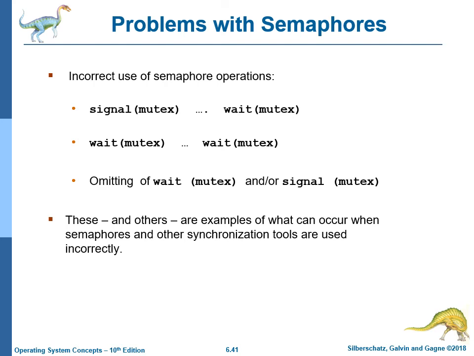Since the kernel data are typically protected with a lock, the higher priority process will have to wait for the lower priority process to finish with the resources. This situation becomes more complicated if the lower priority process is preempted in favor of another process with a higher priority.